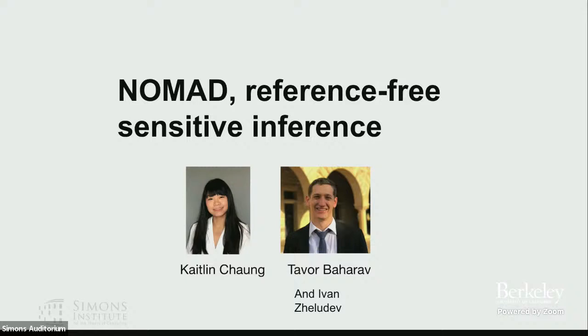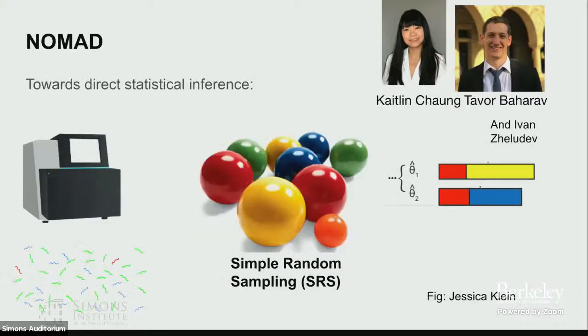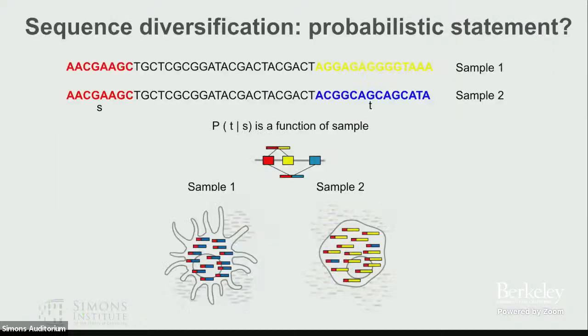I think they might both be here, as well as Vanya Zeludev. Like I said, we are going to be treating genomic inference as a direct statistical procedure on raw sequencing data, bypassing alignment completely.